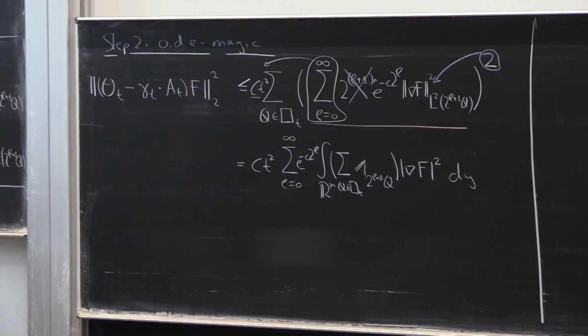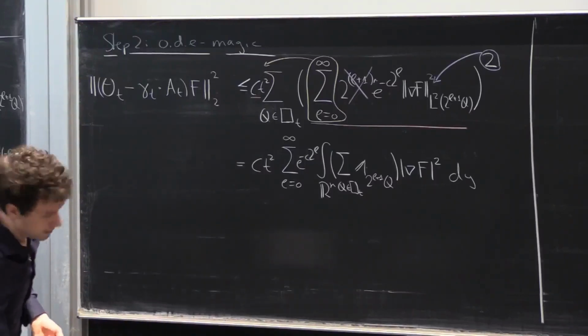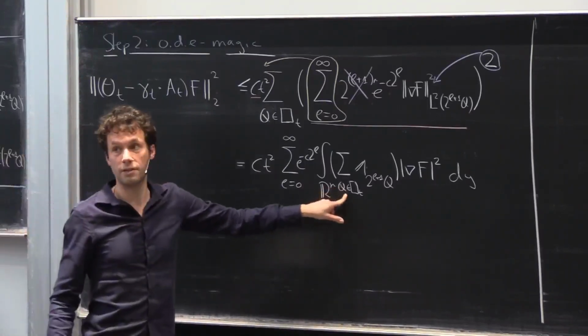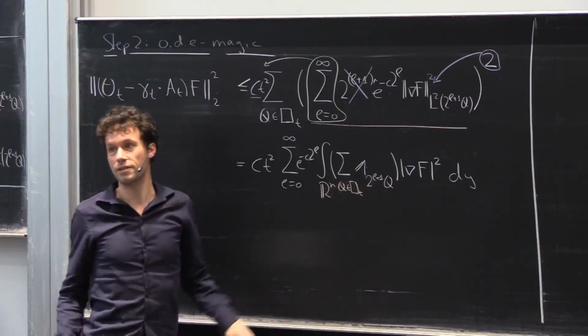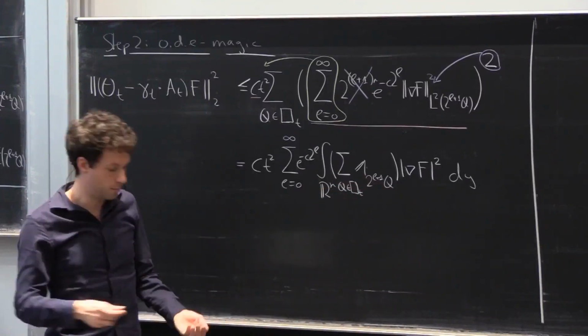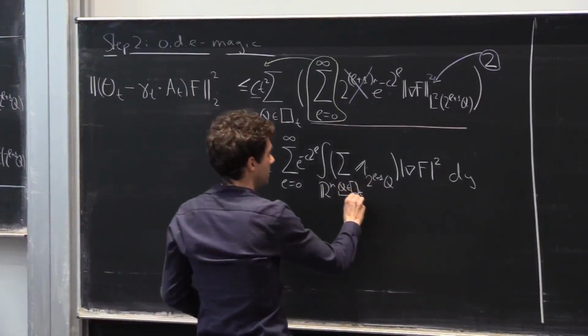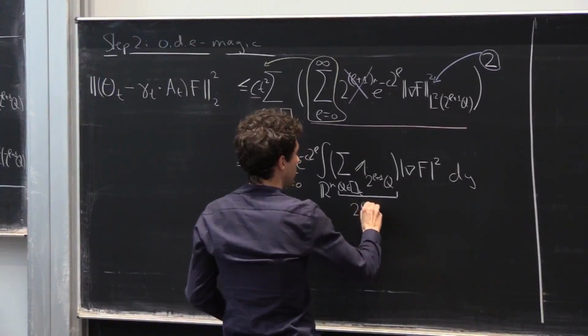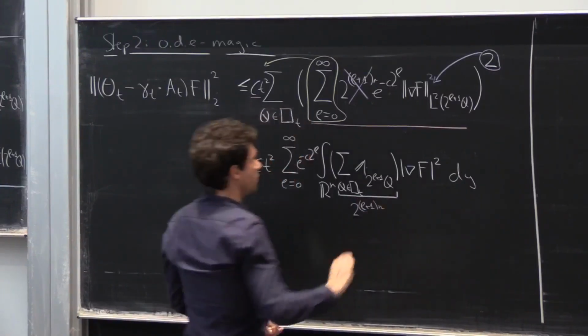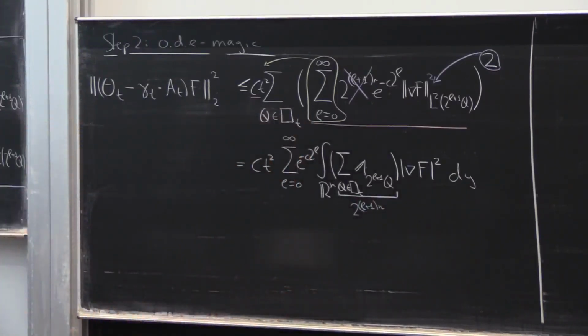And then you see that it all collapses, because this summation over partitioning but enlarging the cubes by a factor, you can just compute what it was, and that was one of the exercises.